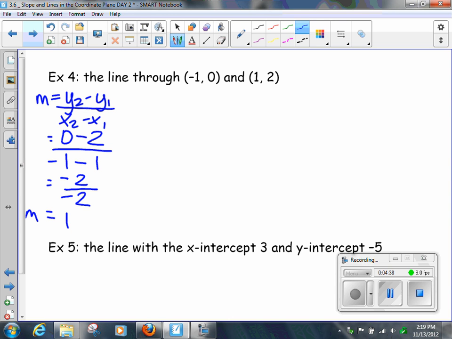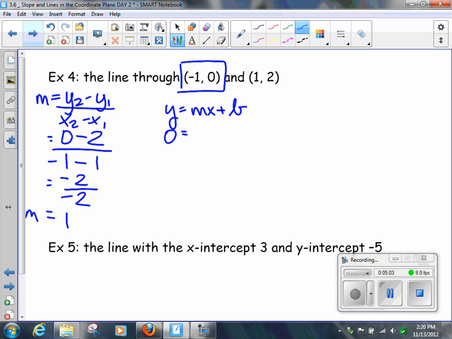Now, what do I always say? I feel like I'm in Vegas. Pick a card, any card. Pick a point, any point, right? Pick a point. The one with the 0, why, Maddie? Because it's got a 0. It's going to make it easier. So I'm going to plug into y equals mx plus b. My y value is what, folks? 0.